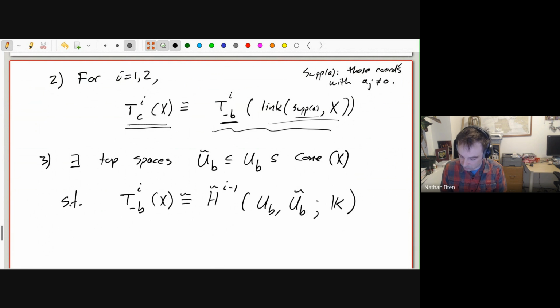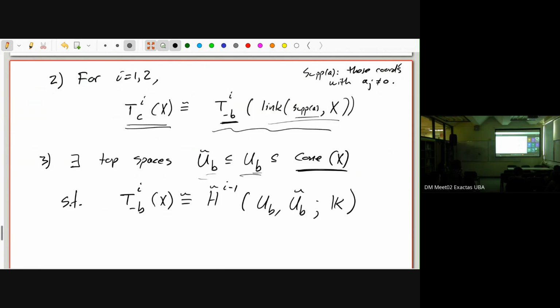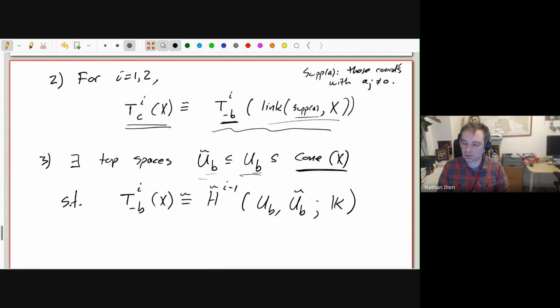The space that I'm looking at depends on what my weight vector B was. But the spaces that I'm thinking about are all subspaces of some common topological space here. And these spaces are quite explicit as well. And so when it comes time to actual computations, this proves to be a useful computational tool.